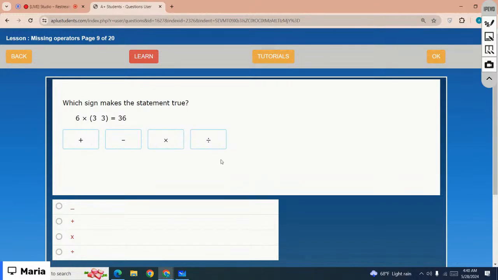Yes, you have to add them. 3 plus 3 is 6 and 6 times 6 is 36, right? Okay, you can complete the lesson by yourself later today.